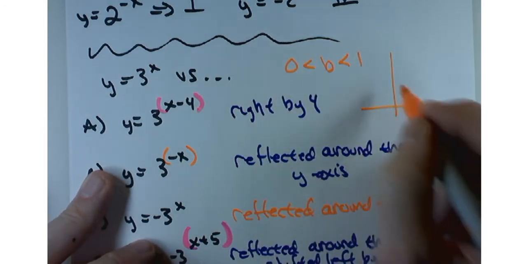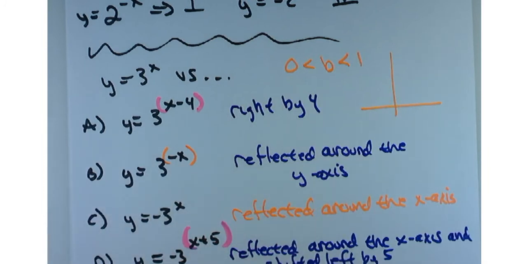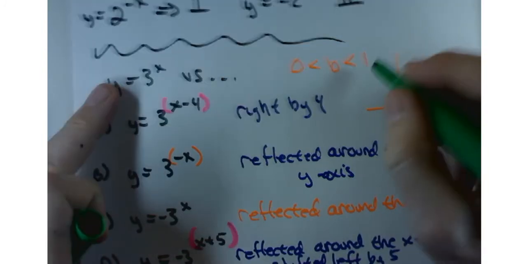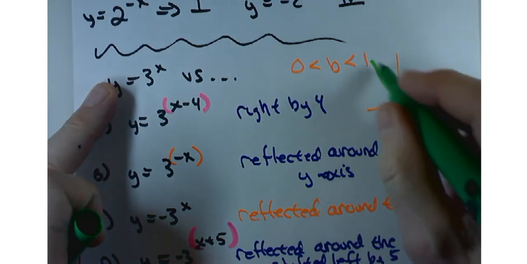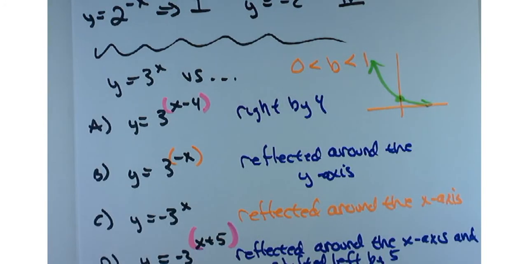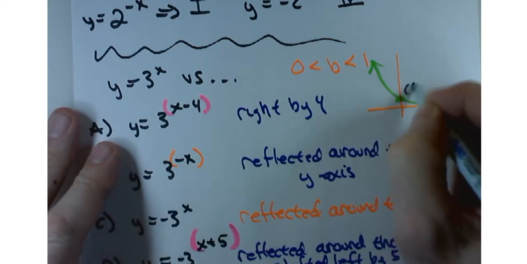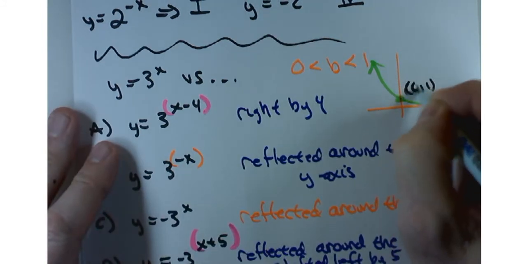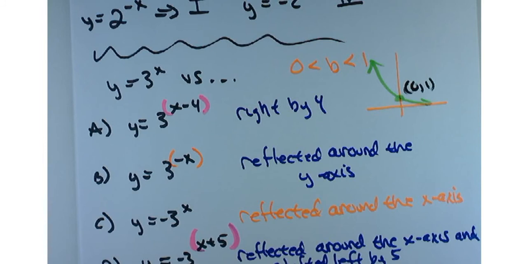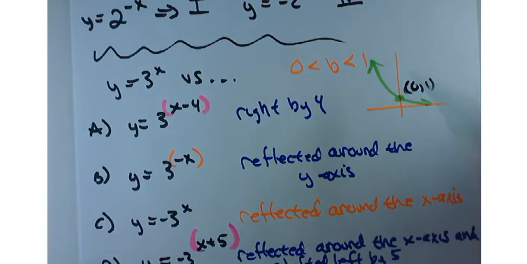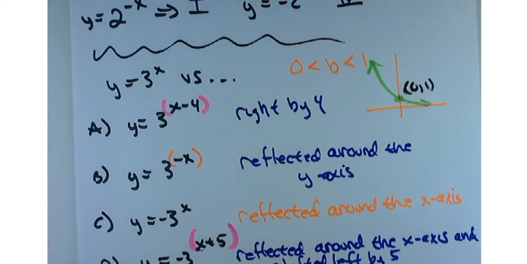It's not going to be increasing like we saw with the other ones. It's going to be decreasing like that. It's still going to pass through, we'll call it Samantha's point, at 0, 1. So you got something named mathematically after you. That's good. But it's going to be decaying like that instead of increasing.